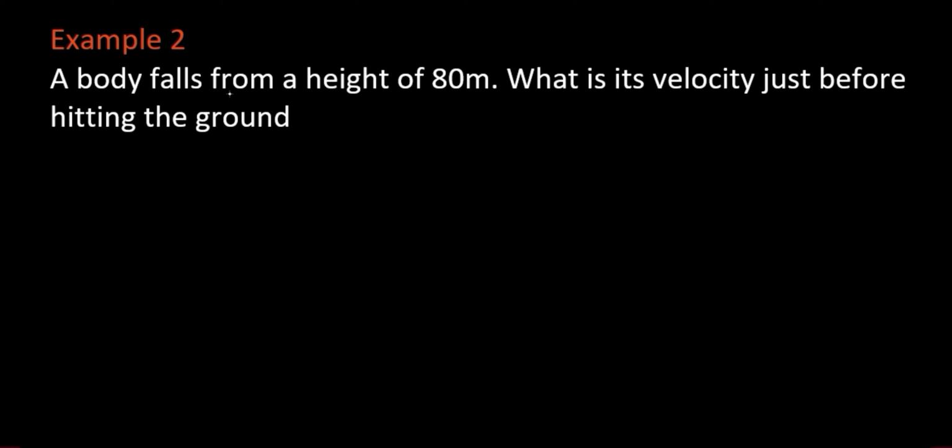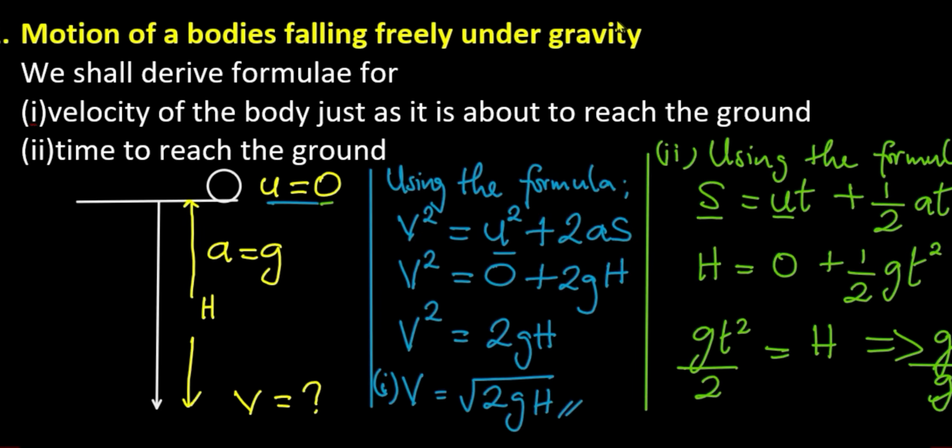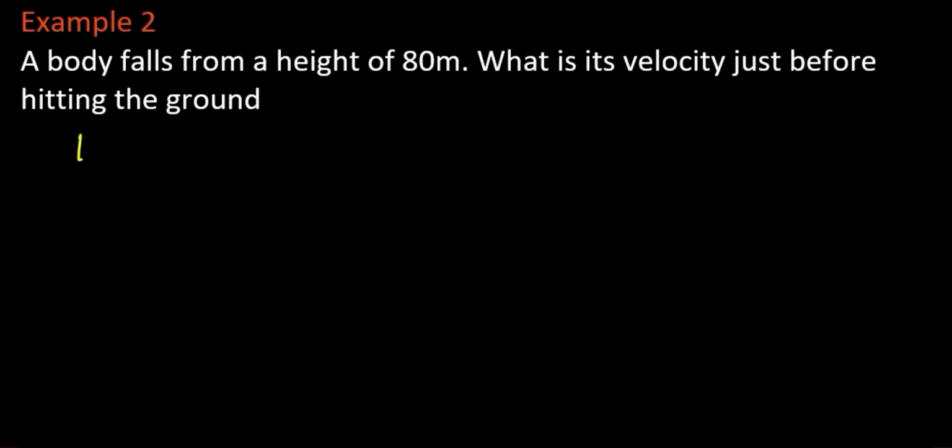Let's look at example 2. A body falls from a height of 80 meters. What is its velocity just before hitting the ground? The velocity we got in this case is v equal to the square root of 2gh when a body falls down.